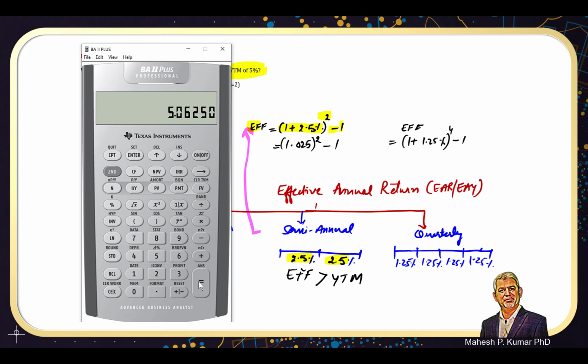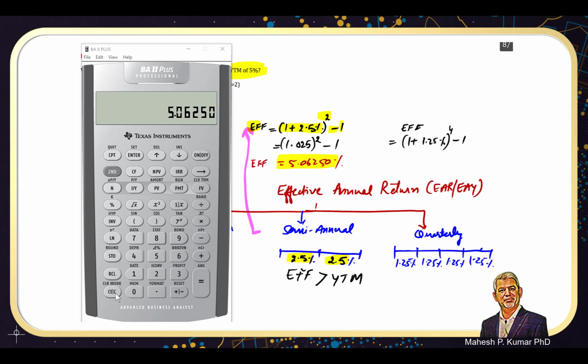So the effective annual rate is actually more than 5, and it is 5.06250%. So effective rate has a periodicity of 1, so that is why it is slightly higher than YTM in case of a semi-annual coupon paying bond.